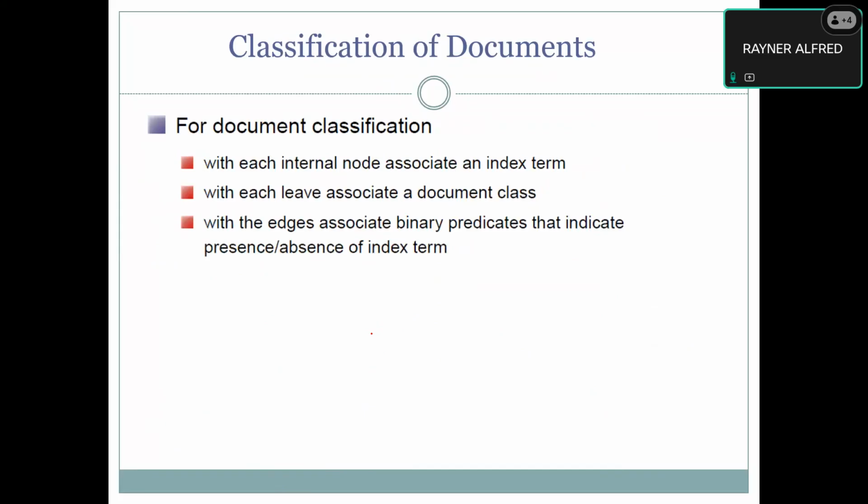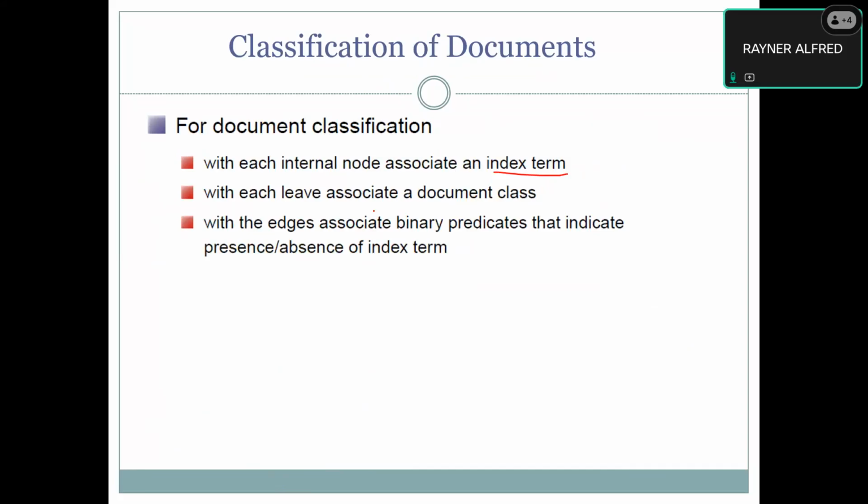For document classification, the way we consider splitting the tree is that each internal node is associated with an index term, which means the word or keyword that we use.